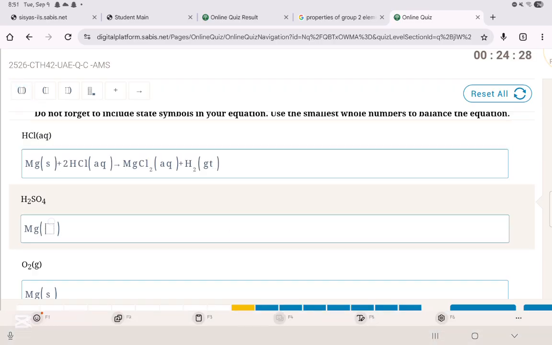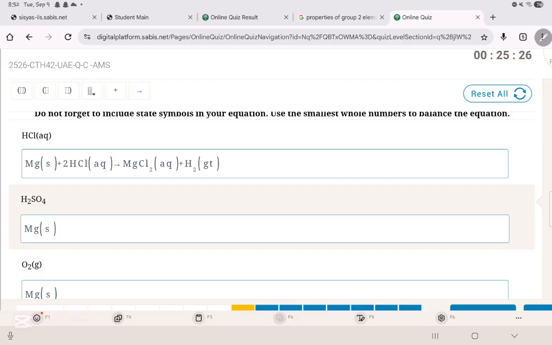Now, this is metal solid. Now, we're dealing with H2SO4, which is sulfuric acid. So remember, what's the general equation? Metal solid plus H2SO4 aqueous will give us MSO4, metal sulfate, in addition to hydrogen gas. Now, the only ones that are aqueous are beryllium or magnesium, whereas the rest are solid.